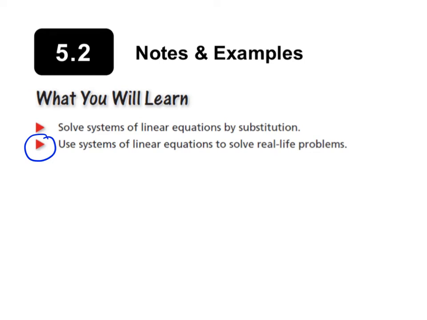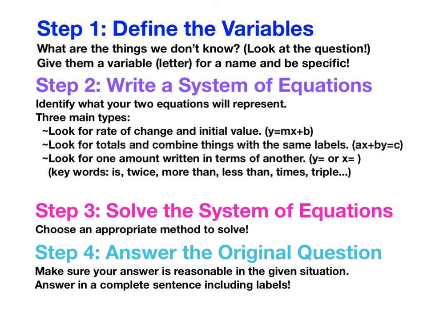Once again, we want to take a look at using our systems of linear equations to solve real-life problems. We're following these same steps, but this time we're going to see problems that give us totals that we have to combine and problems that give us keywords.